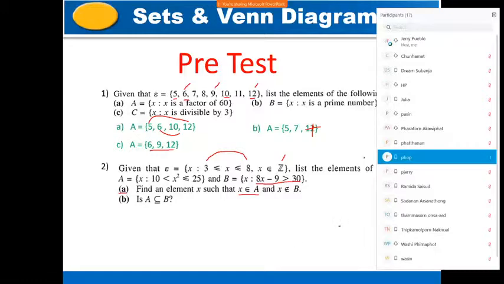Set A is what? Okay. What else? What else?